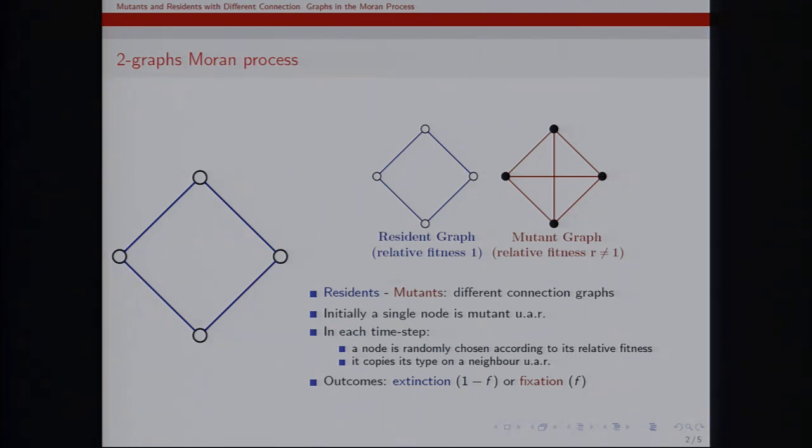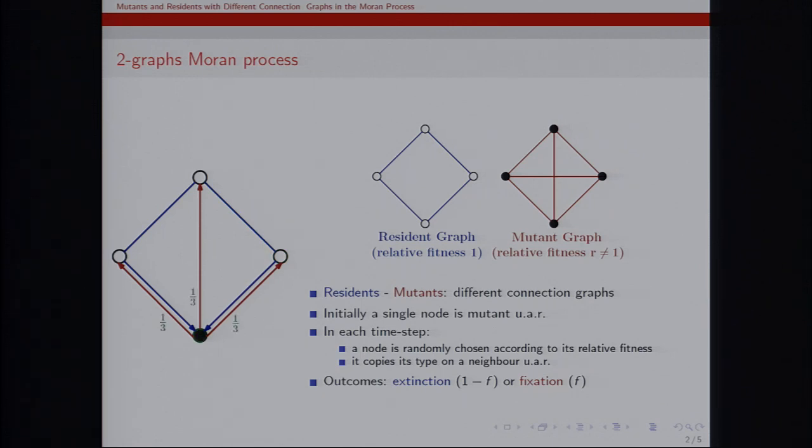So the process goes as follows. Initially, everyone is a resident, except for one, which is picked to be a mutant uniformly at random. And then in each time step, a node is randomly chosen with probability proportional to its relative fitness, and it reproduces with equal probability to one of its neighbors. Now, if a resident reproduces on a resident, then nothing changes.